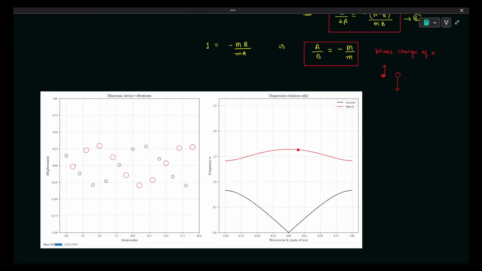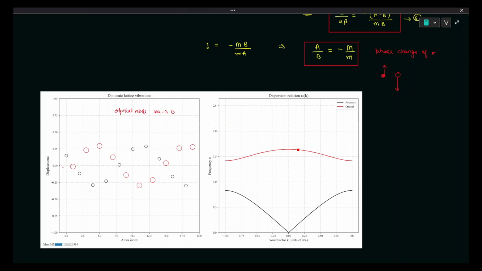Here you can see that this red dot represents the bigger mass, mass m2 or capital M, and this black dot represents the smaller mass, small m. So this is the wave for the optical mode as Ka tends to 0.